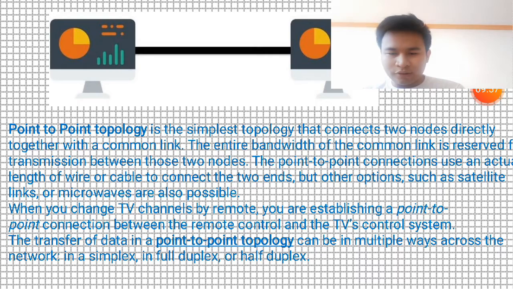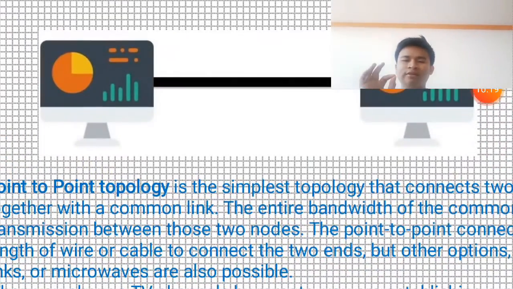There you establish the point-to-point connection. You're using the remote to change the channel, and the remote control and the TV control system transfer the data.